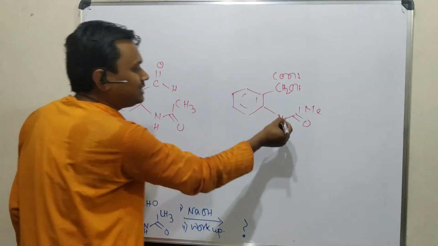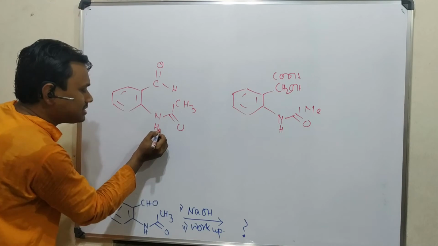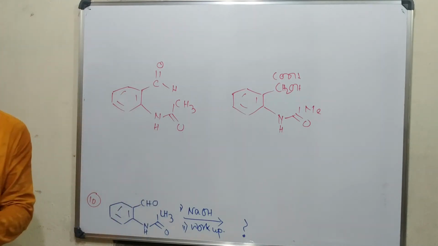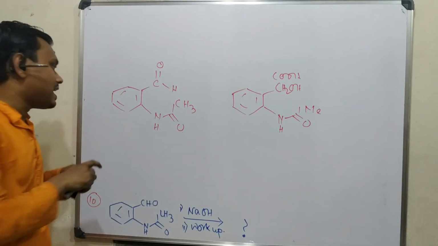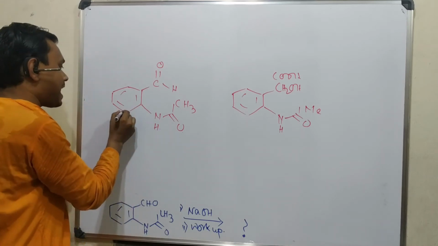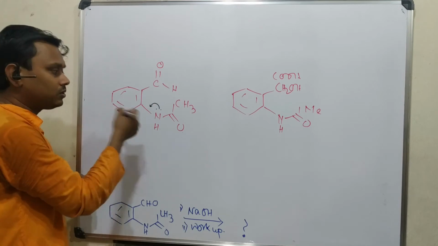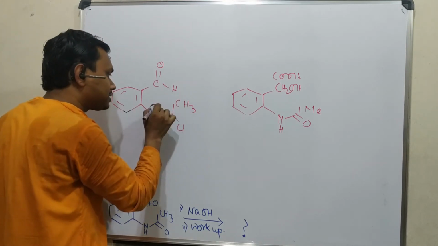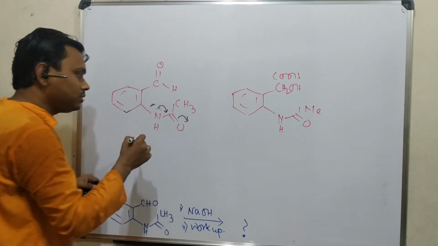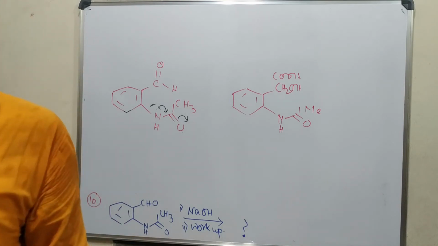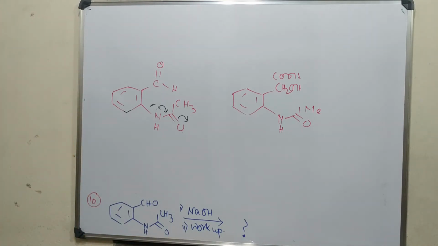Why? Because this nitrogen is attached to two groups. What do I mean? This nitrogen is attached to a benzene, meaning an aniline type derivative, so it can donate its electron into this ring also. Another thing, instead of that, it can donate here also. So in this way, the availability of the nitrogen lone pair is less.